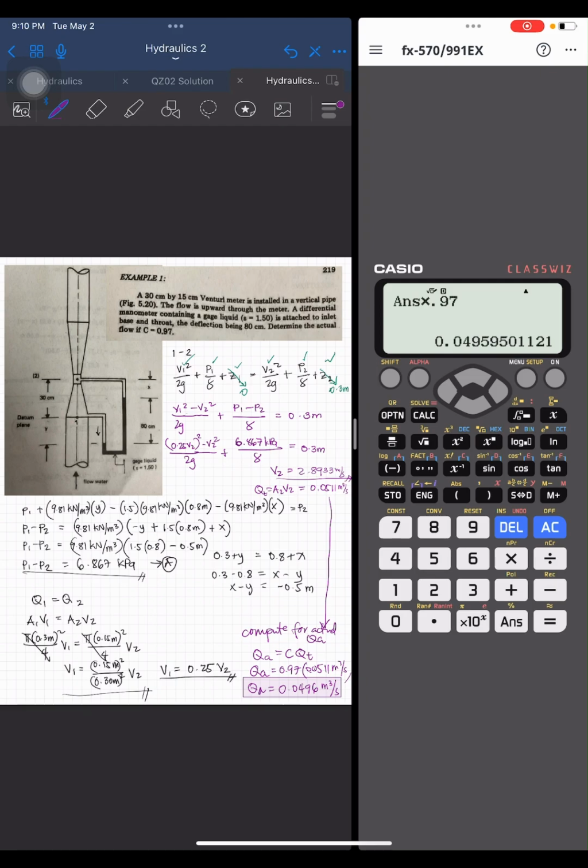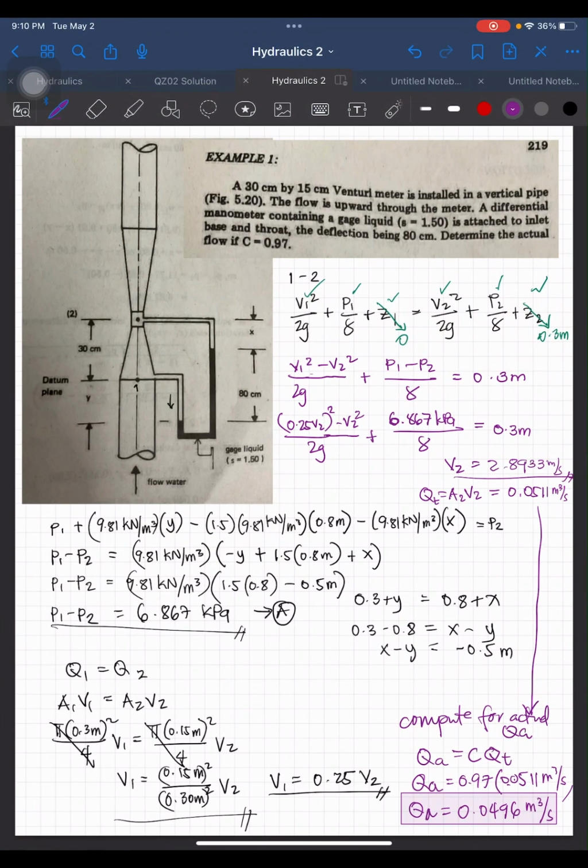So, yun. Kaya gusto ko talaga i-master nyo yung Bernoulli energy equation. Okay? So, that would be for this Venturi meter problem. So for the next video we will discuss more about nozzles.